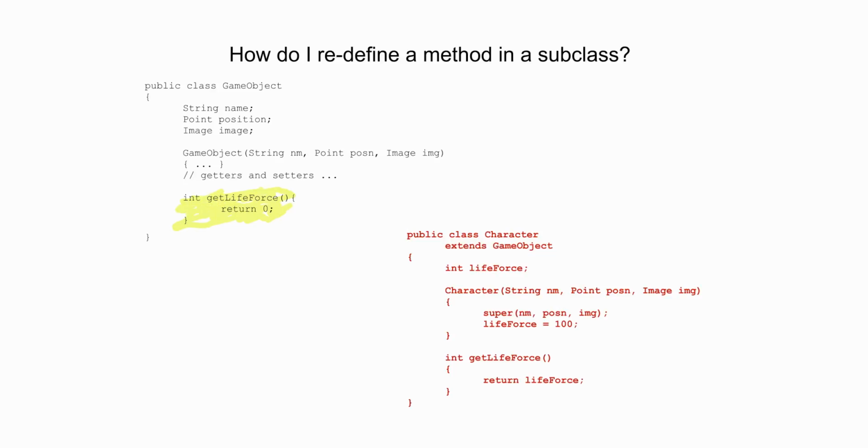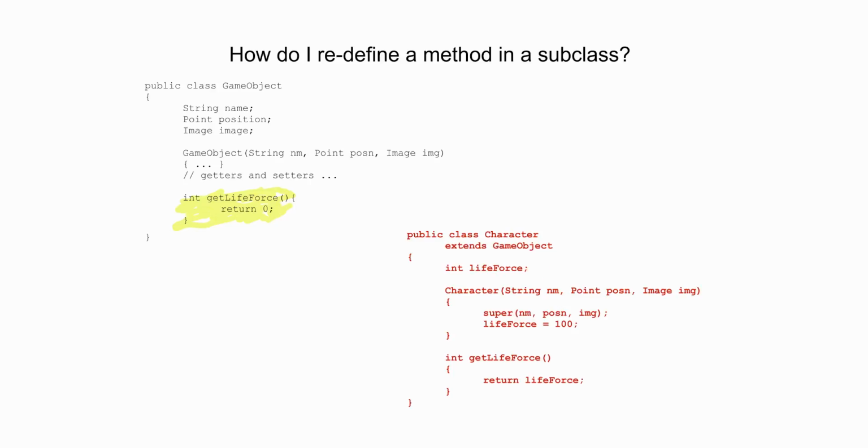But over here, we've got our character class, and we say it extends the game class. And that's another word which means it is a subclass of the GameObject class. Right. So this is a subclass, and in here it declared a variable called life force.